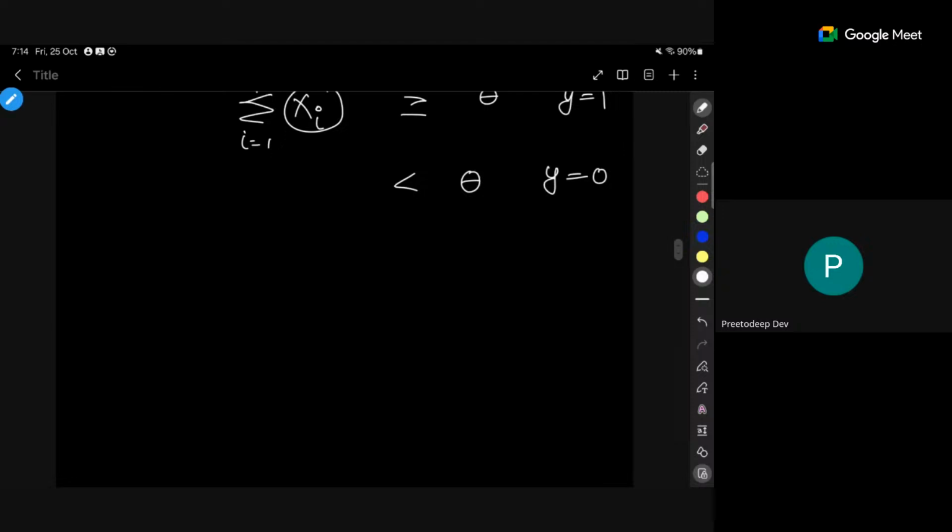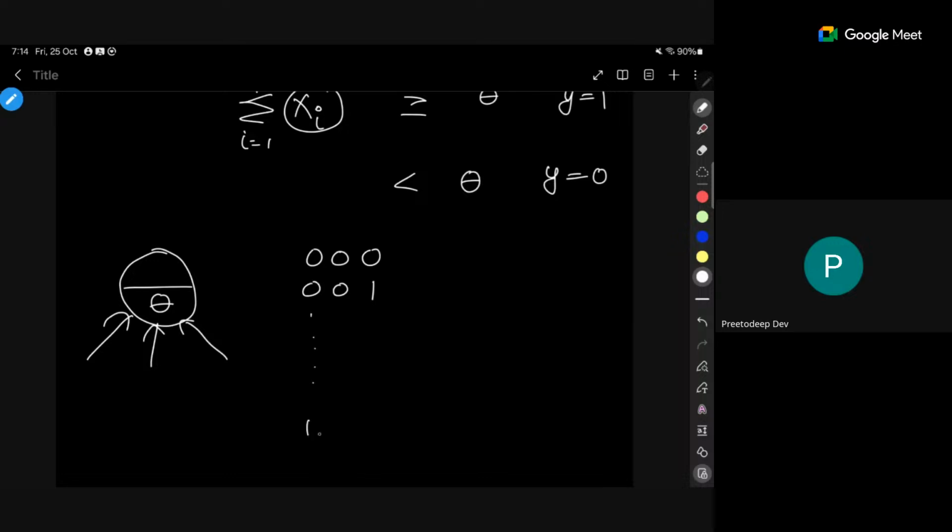Let's say you want to implement the AND function with an MP neuron with 3 inputs. You go from 0 0 0 through 0 0 1 until 1 1 1, so 8 kinds of inputs.